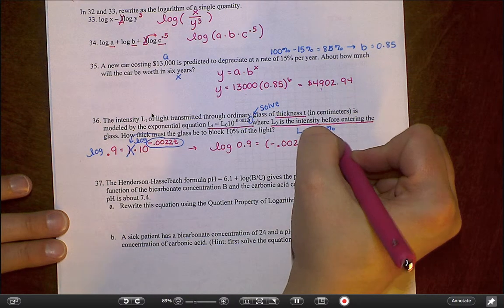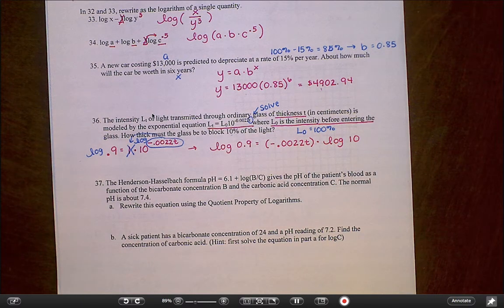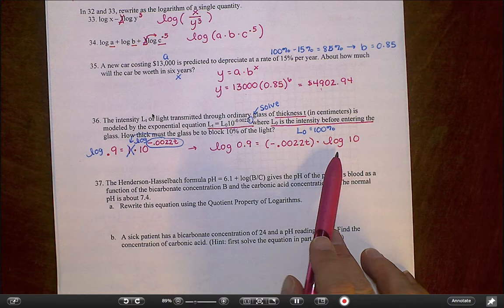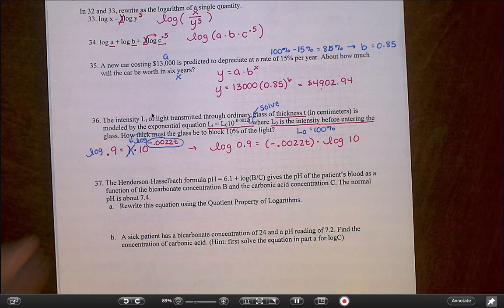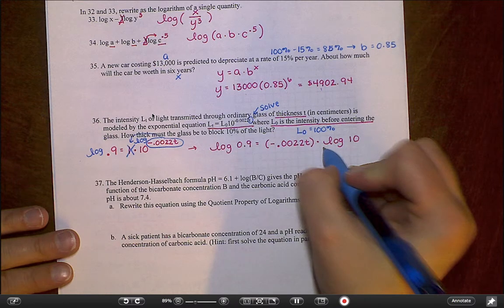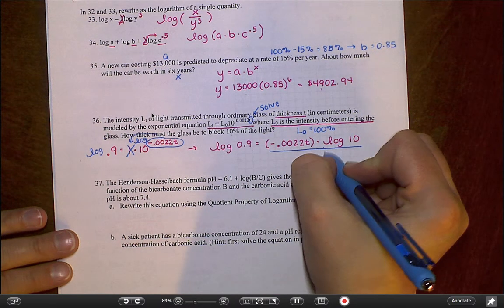times log 10. I also want to point out log 10 is kind of unique because log of 10 is just equal to 1, because you're really saying 10 to the power of what makes 10. But I'm going to work through this as though you didn't know that, because it might be something other than log 10. So really what I would do here is divide by this log over here.